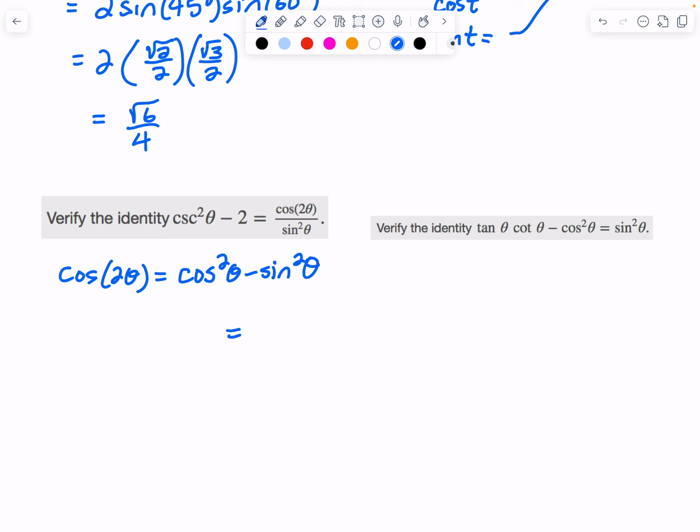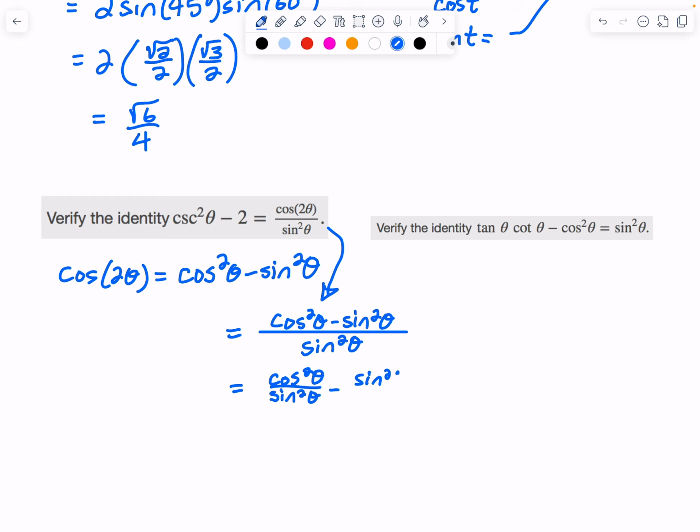Okay, so if I'm working this side, I'm going to get cosine squared theta minus sine squared theta. That comes from our double angle formulas. We did that a couple sections ago, over sine squared theta. All right, well, this is cosine squared theta over sine squared theta minus sine squared theta over sine squared theta.